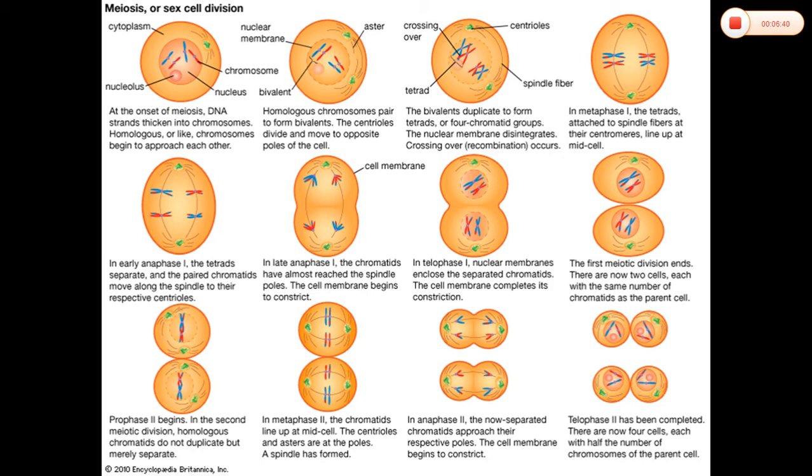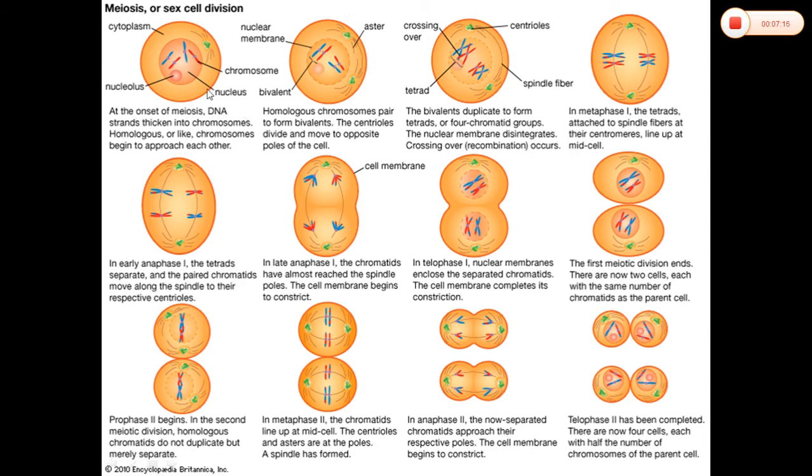These diagrams represent the stages or the phases of meiosis. Let's start with the first one, prophase. What occurs during prophase 1?